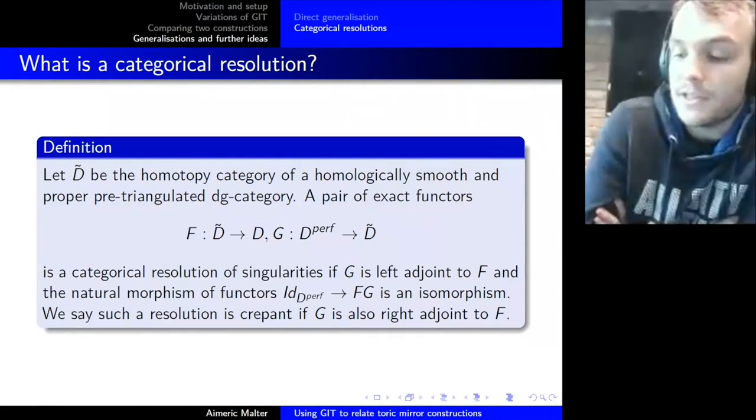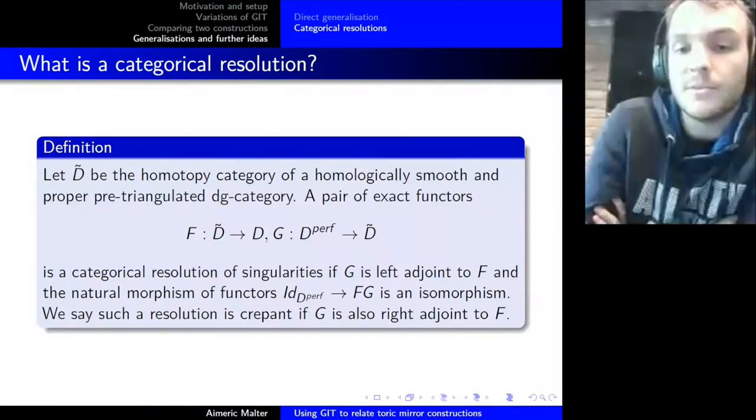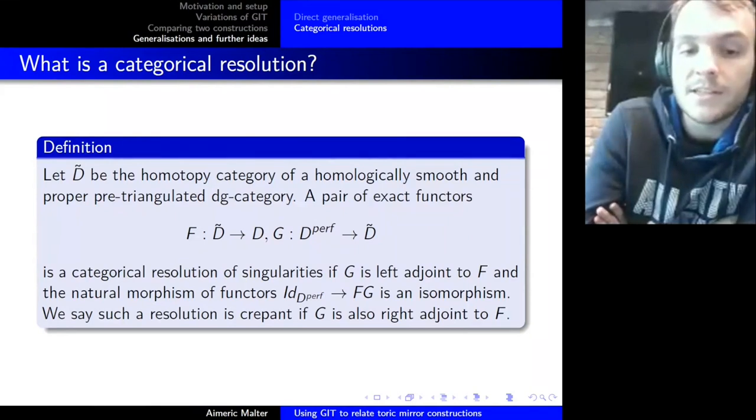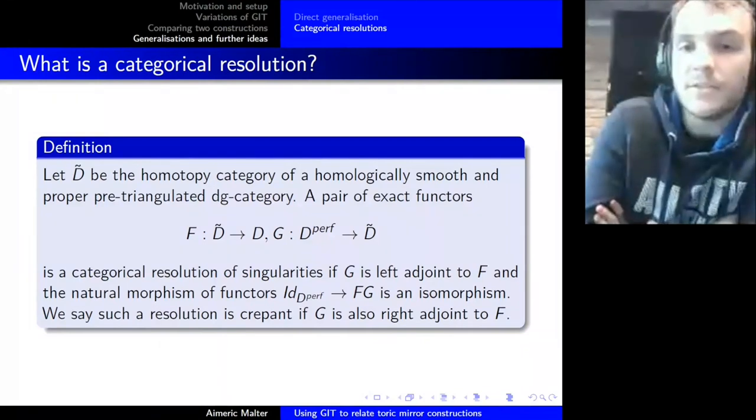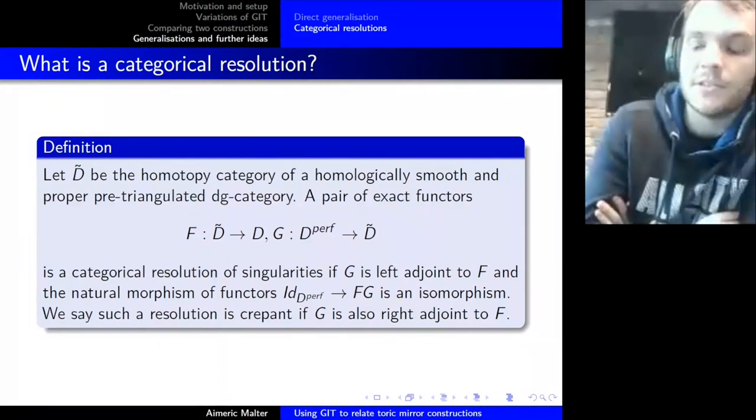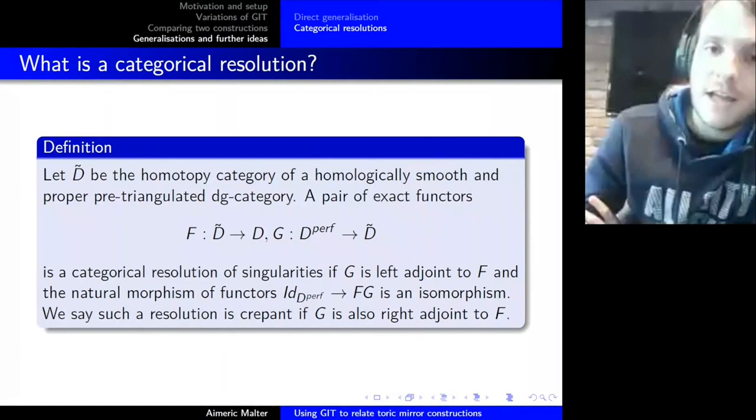The other one is from the subcategory of perfect objects to this homotopy category D tilde, and we want some adjointness properties and some natural morphisms between those functors. That is a categorical resolution, and we would like to construct one of those.